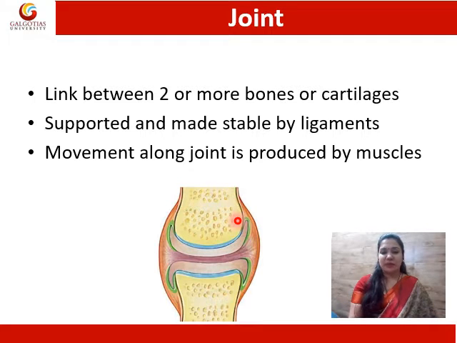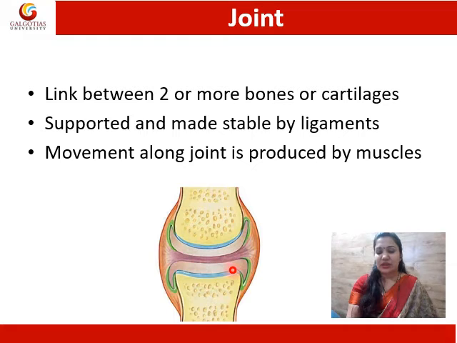So in this picture, the yellow portion is the bone. And which part of bone? Yes, the epiphysis part of bone. We have discussed earlier that this end part is the condylar end and is called the epiphysis. This epiphysis articular surface is covered with the articular cartilage.